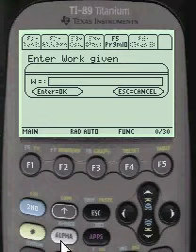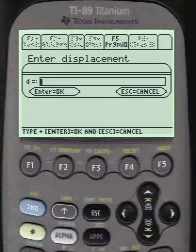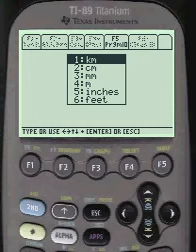Whoops. And the first stretch is given as alpha 3 centimeters. They do the calculations for you.